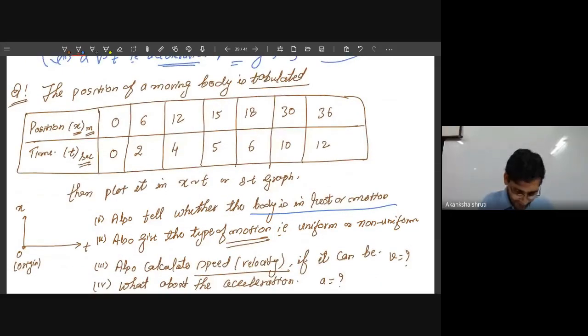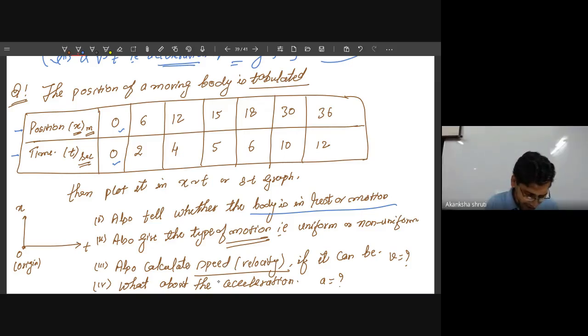I had taken one question where the position of a body at different times was given. I had taken this table where the first row represents the position of the body at different times. The first entry is 0, 0, means when the observer starts observing, that time is called 0 time.